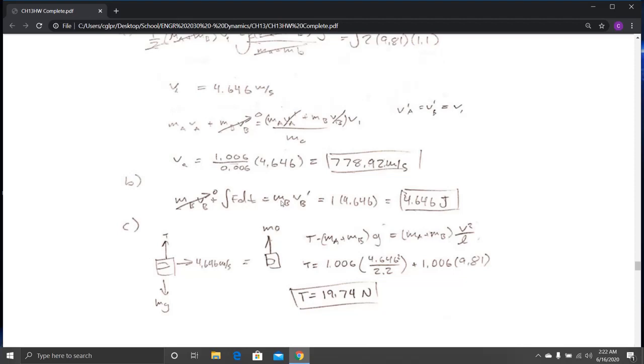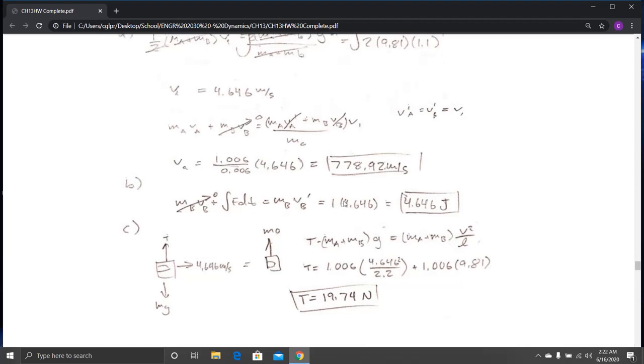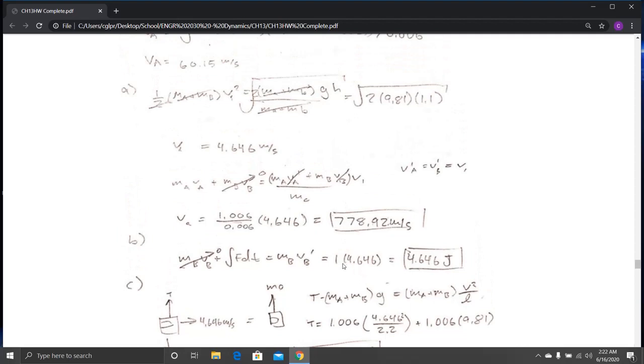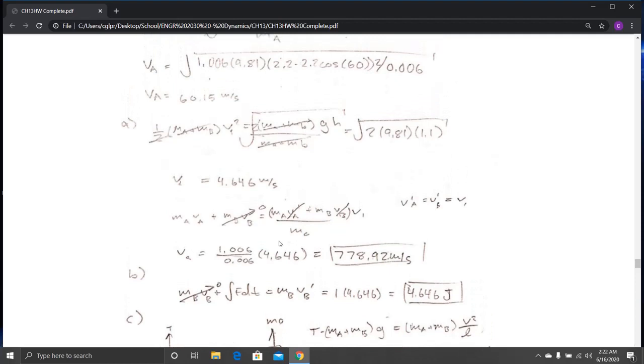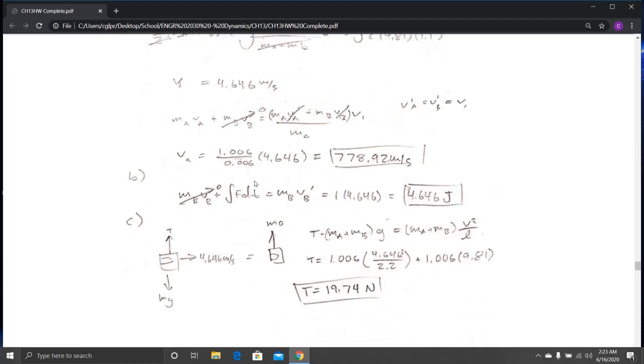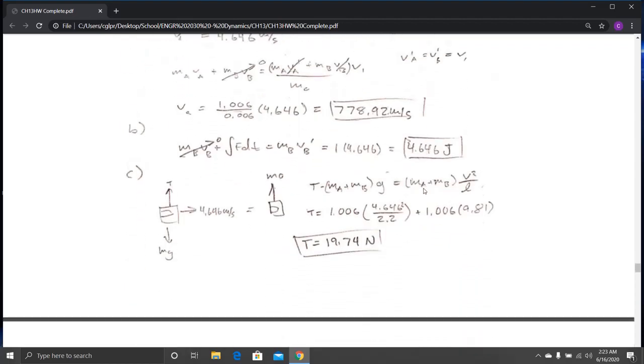That's going to equal the final momentum of the block. Of course, the initial velocity of the block is 0. And I plug in the velocity of the block, which is the same as the velocity of the block and the bullet combined, to find the impulse.